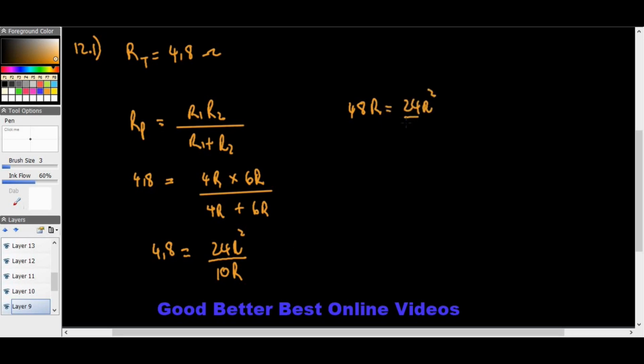And 48 divided by 24, let me just check if I got this right. So then I get 2R is equal to R squared, and then obviously you could divide both sides by R. And that's obviously 2, and therefore the value of R is equal to 2 ohms.